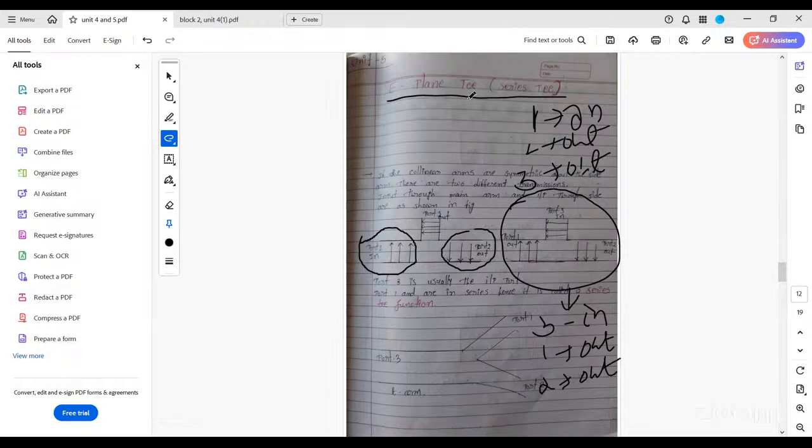If the first port is input, the second port acts as an output port, as well as the third port acts as an output port. This is one option.